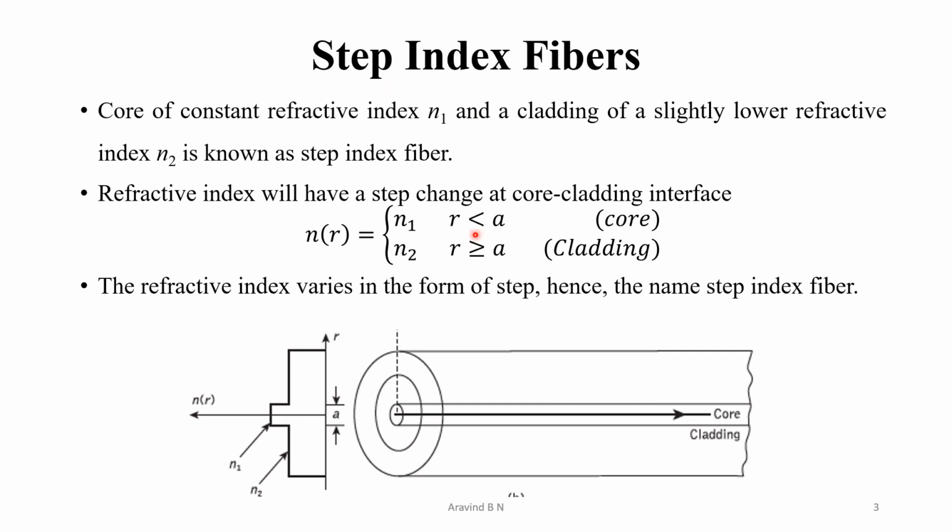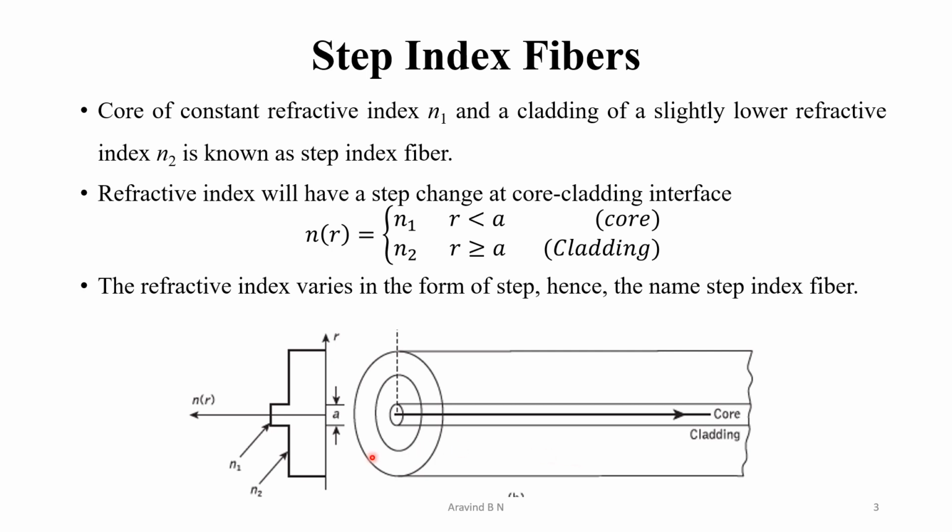Let us have a better understanding of this from this diagram. This is the core of the optical fiber having the constant refractive index N1, and this is the cladding part of the optical fiber having the refractive index N2. Core will have the higher refractive index and cladding will have the lower refractive index.